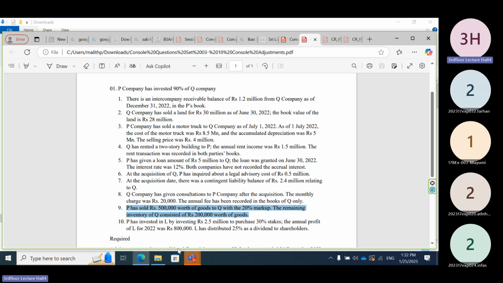This was not sold to outsiders; we are keeping that as inventory. So under this 200,000 inventory, you have a profit portion of how much? 16.66.